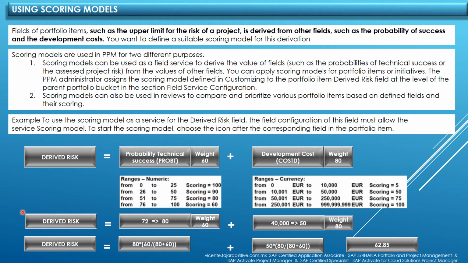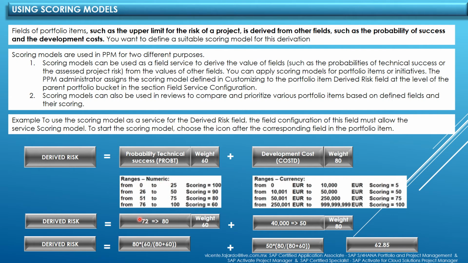On the other hand, we use a scoring model to derive the value of a field using the values of other fields. For example, derived risk will obtain this value from the probability of technical success that weighs 60 plus development cost that weighs 80. We assign different ranges and the scoring for those ranges in both cases.